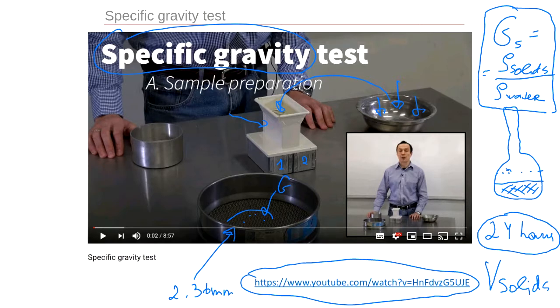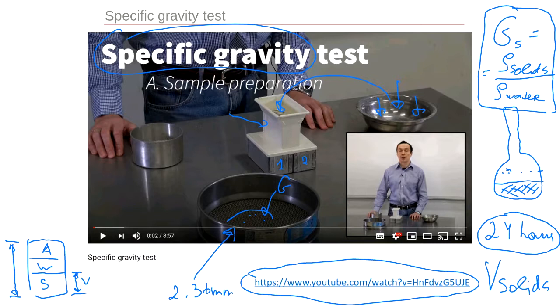I'm not talking about the volume of the sample. Look at this three-phase diagram. We have solids here, we have water, and we have air. This is going to be the total volume. If we have a borehole sample, we can just measure the height and the diameter, and it's easy. But what we need is the volume of solids.